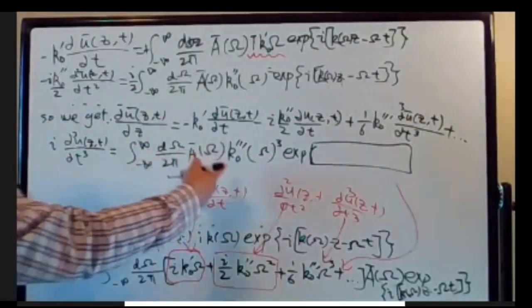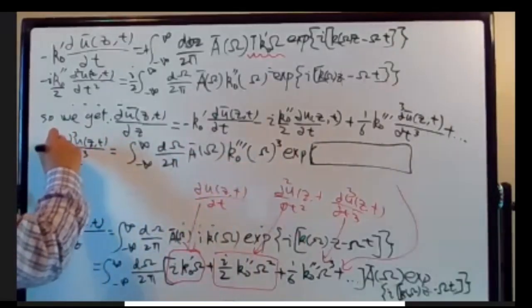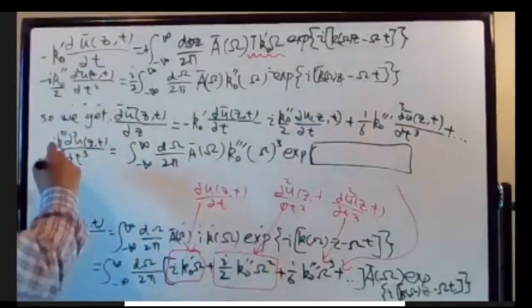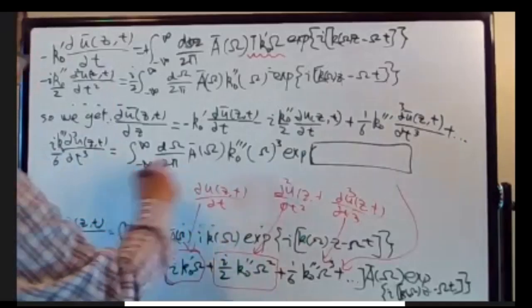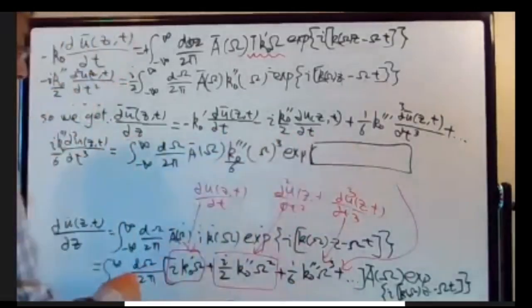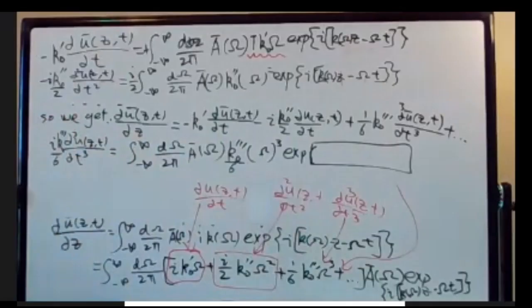And then in order to have the k naught cubed, I need to have k naught cubed on the left-hand side. And in order to have the 1/6, it should be over 6. Okay, so now this is the term here. So we need to add this term. So it's 1/6, and there is an i missing. Do I have an i missing? Let me see.